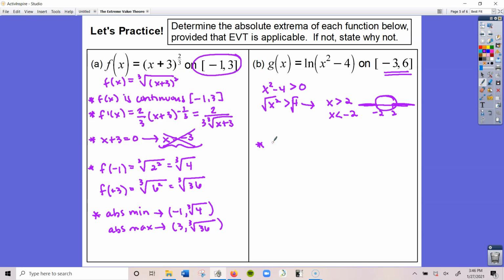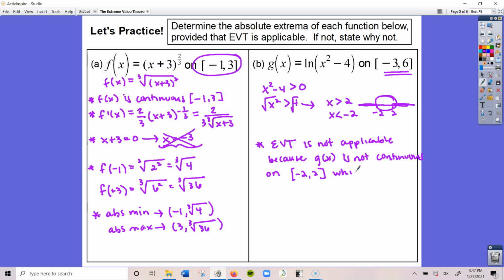So for this particular function, we would say that EVT is not applicable because g of x is not continuous on the interval, and I would use this right here, -2 to 2, which lies on the interval -3 to 6.